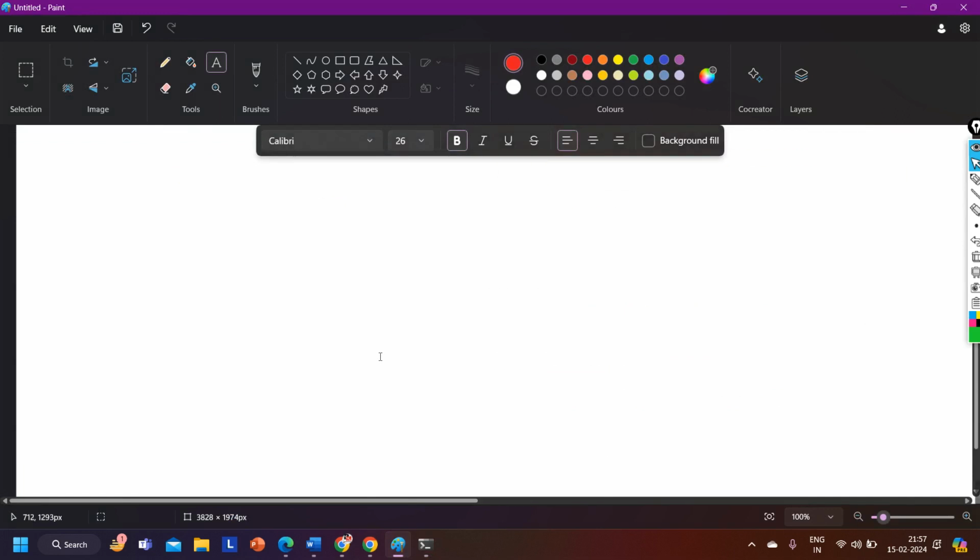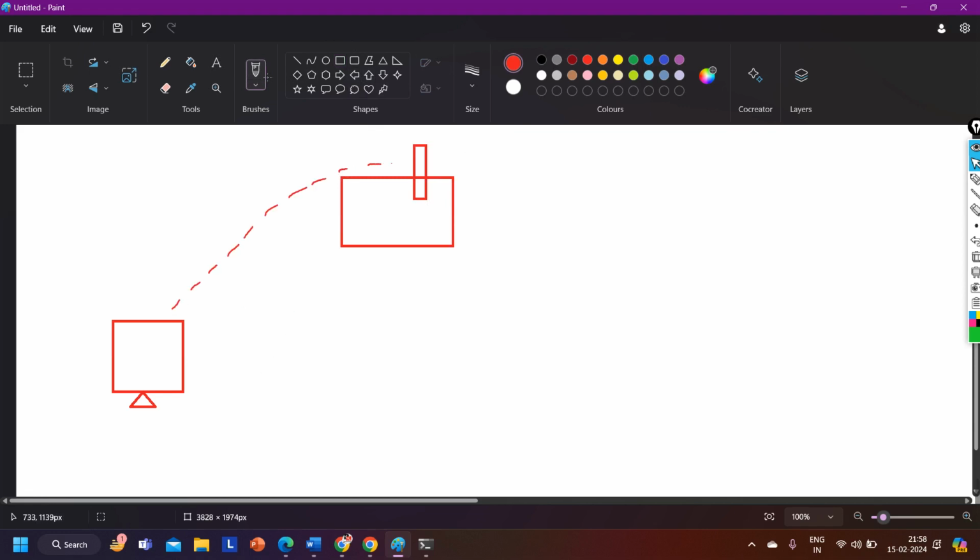Getting my point? See, this is my PC, and my PC is connected with my home router through the Wi-Fi NIC. Here is the home router, and both devices are connected together through radio frequency, through Wi-Fi.